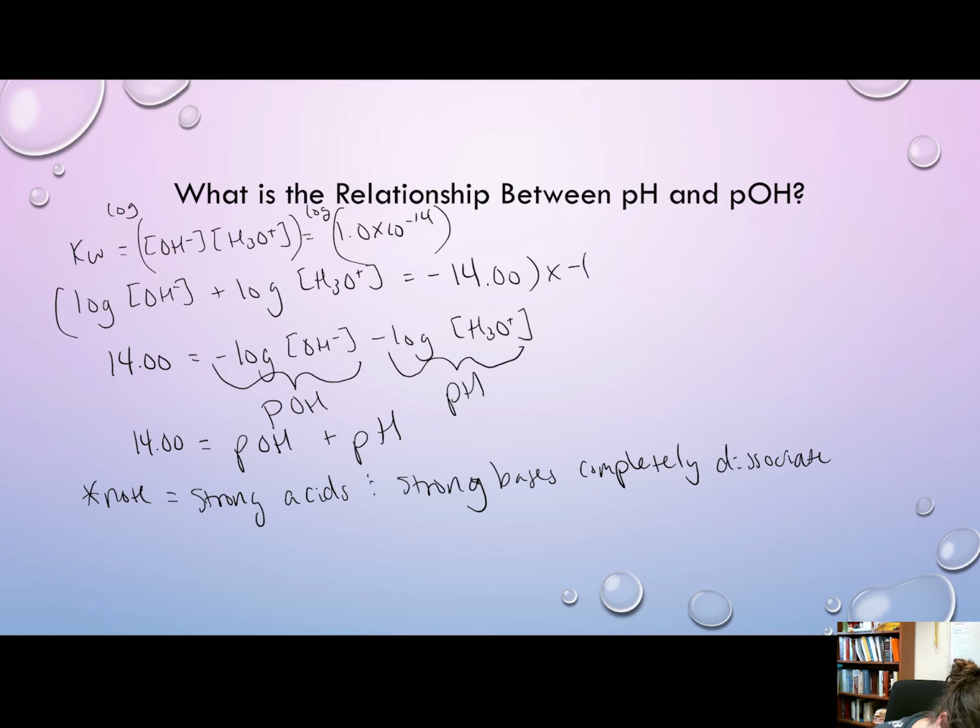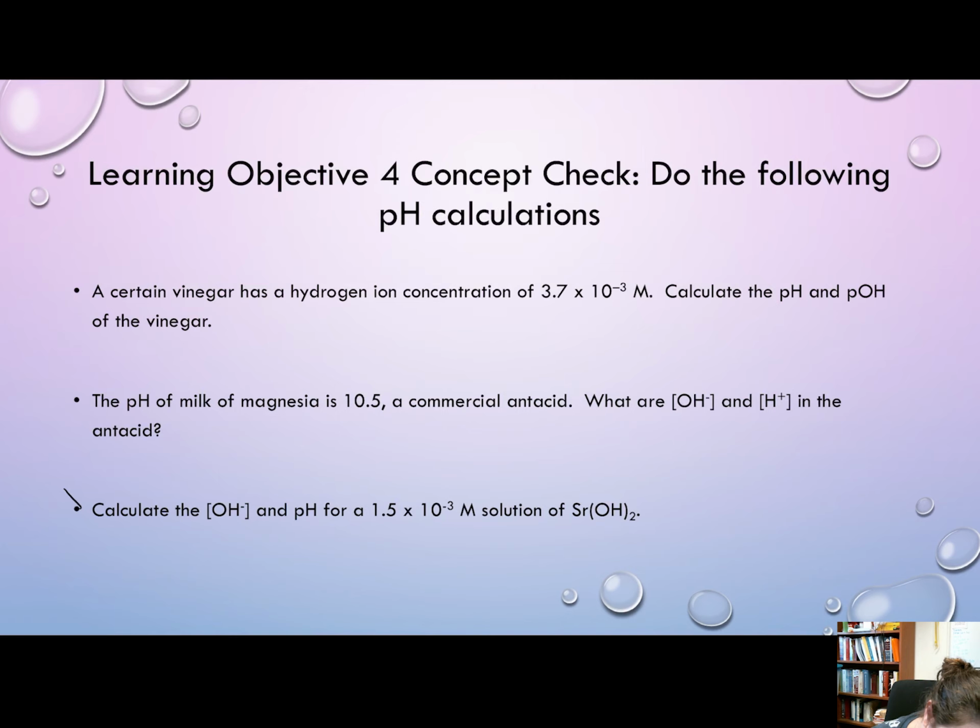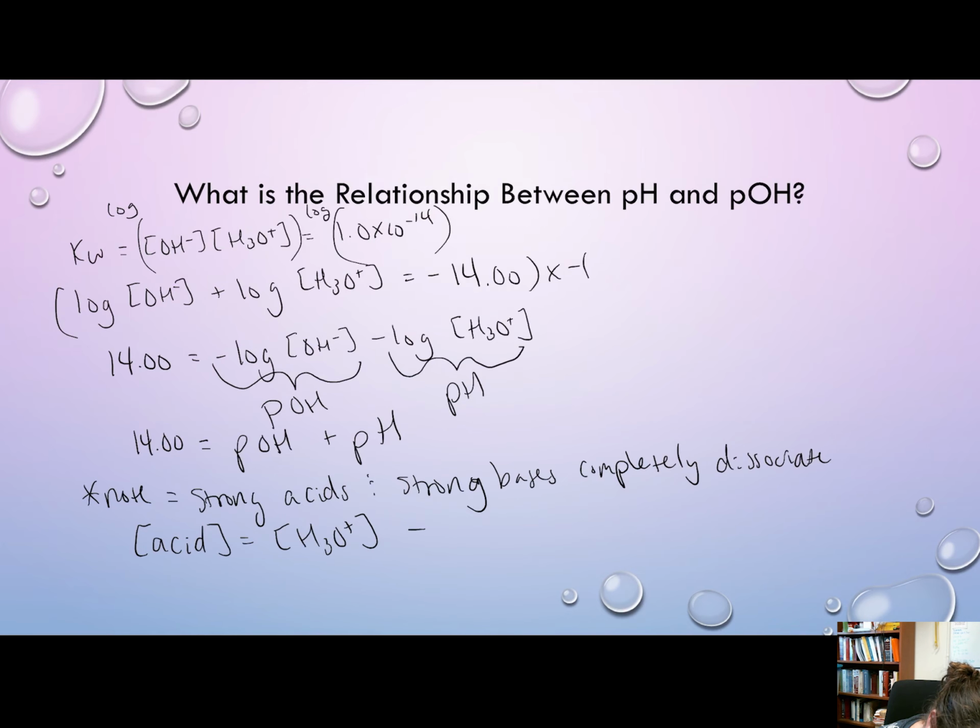So if we have our acid concentration, that will be equal to our hydronium concentration. There is another note here, though. Not the same for the diprotic acid H2SO4, as there is a second ionization.